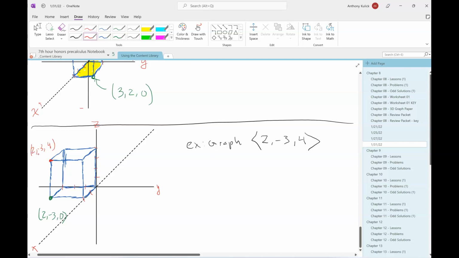So there's the point 2, -3, 4. But if we want the vector, really we're talking about this guy right here. All right, we got to make sure we draw from the origin to that point. That is our component form vector.